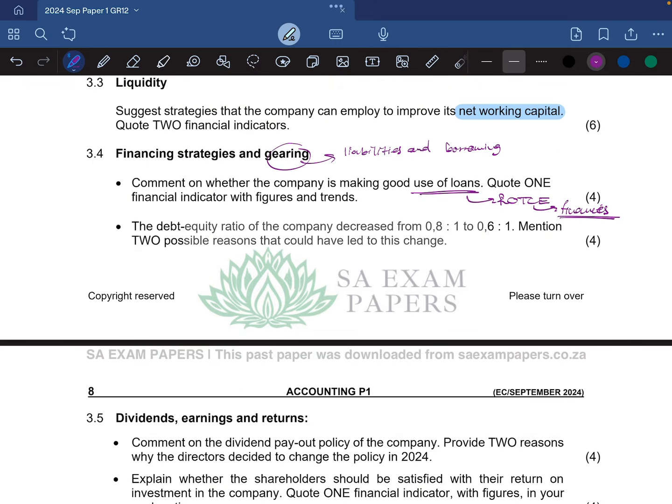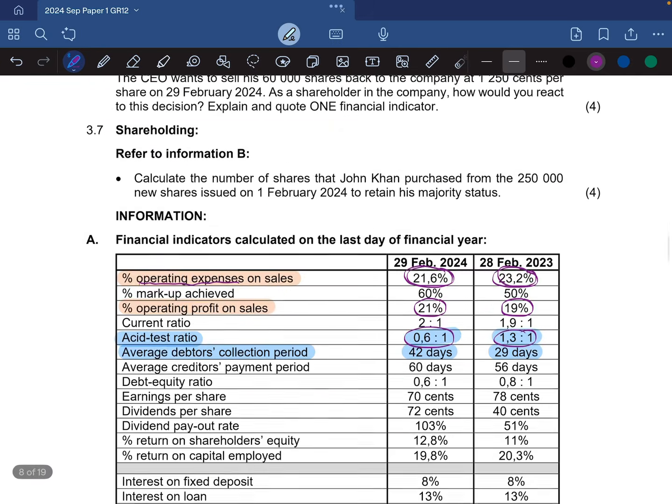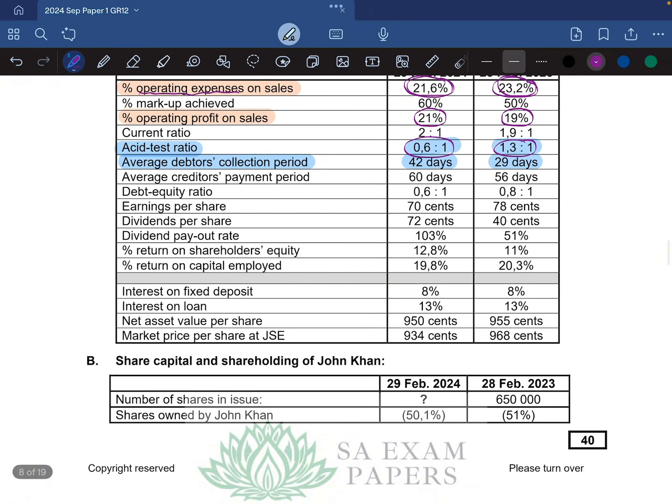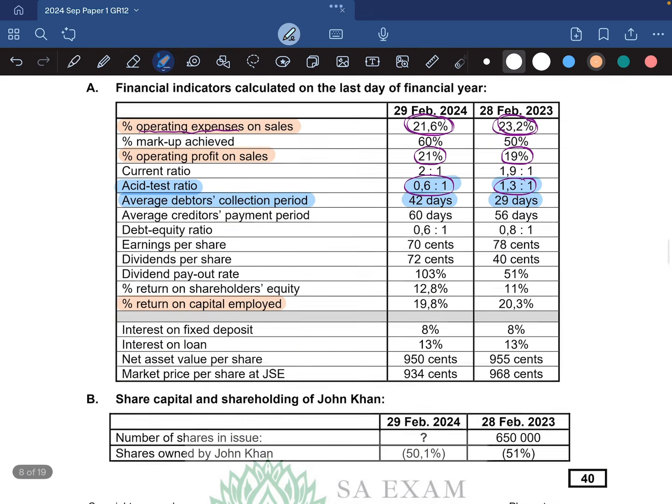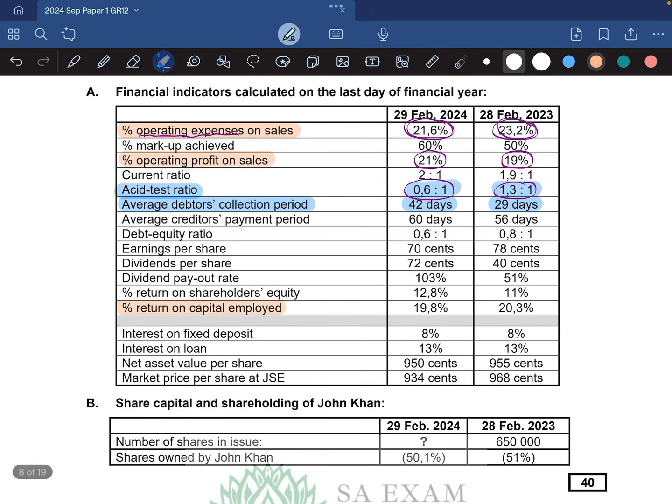Let's focus on the first one first. When we look at our percentage return on capital employed, which should be this one, in 2024 we had a decrease from 20.3% in 2023 to the 19.8% that we see there in 2024.